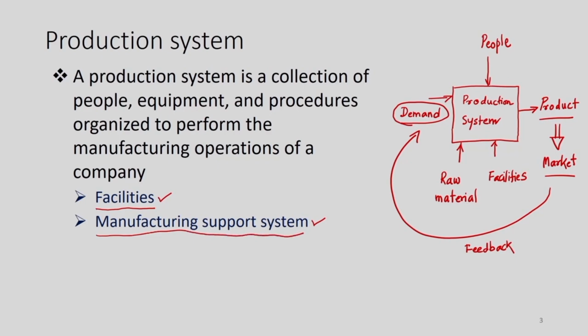So, we will see what is the meaning of facilities and what are the various elements of the facilities, and we will also see what is the meaning of manufacturing support system and what are the various blocks of manufacturing support system. The facilities primarily comprise the factory itself.